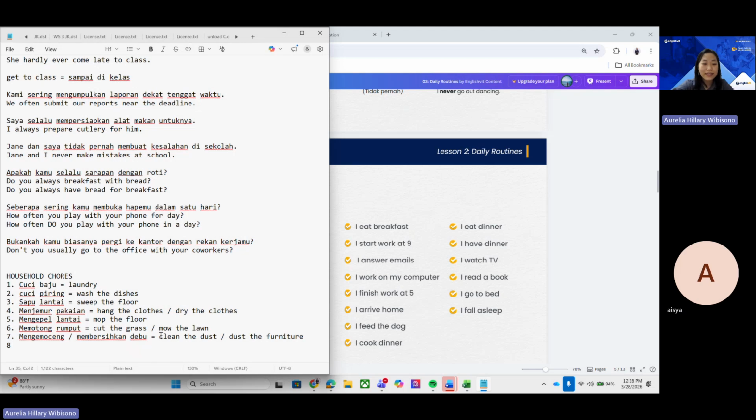Oke. And then setrika, menyetrika pakaian. Menyetrika itu berarti ironing. Yes, that's correct. And then what else? Oh, membuang sampah.